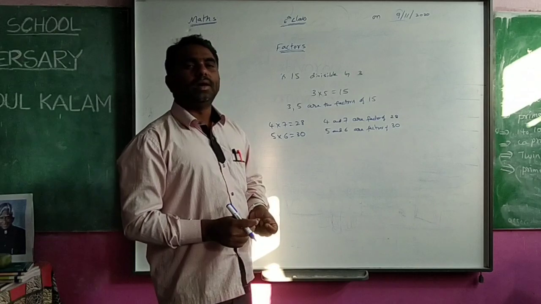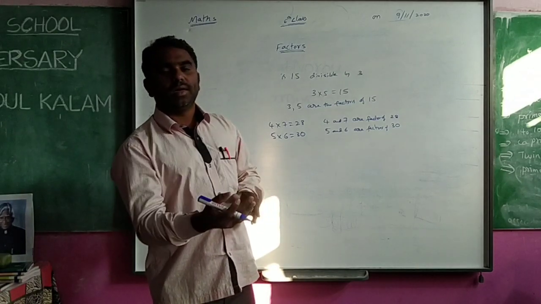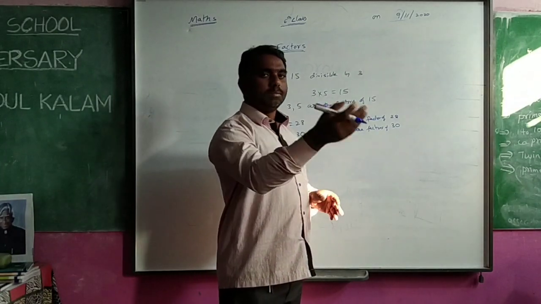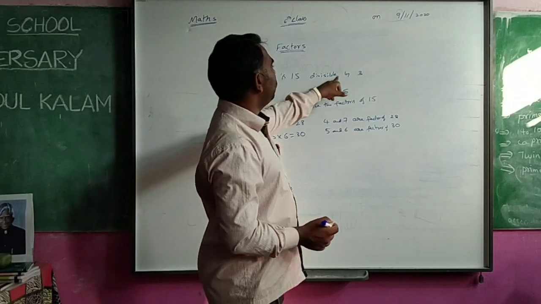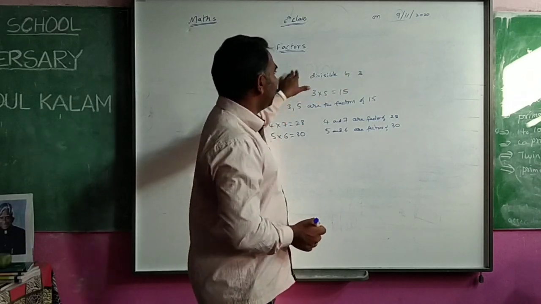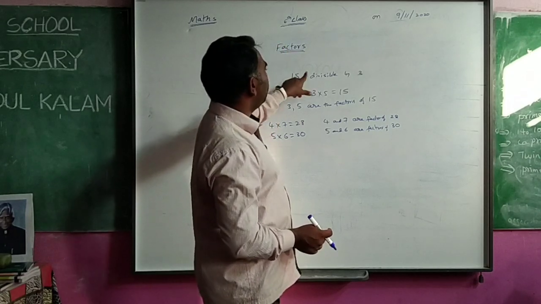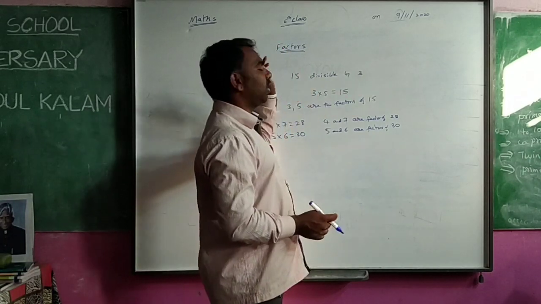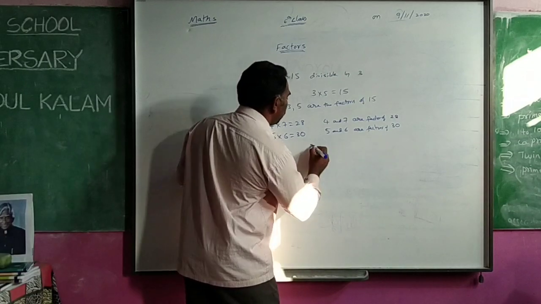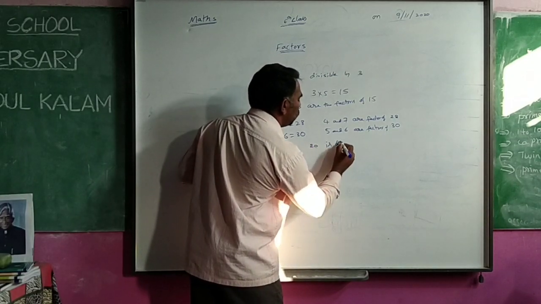If a number is divisible by another number, then that number is a factor. You see that 15 is divisible by 5, which means 5 is a factor of 15. You know that 20 is divisible by 2.